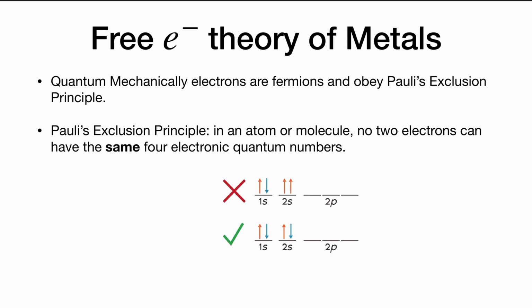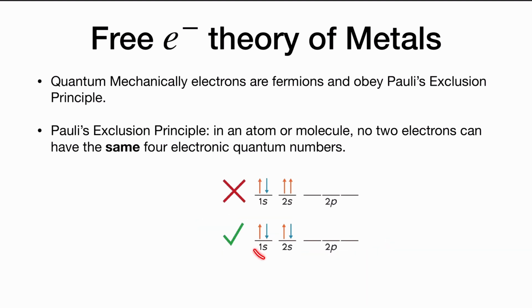And one of the easiest, most visual ways of showing this distinction, that electrons should not have the exact same quantum state, is to use this diagram called the electron configuration diagram.